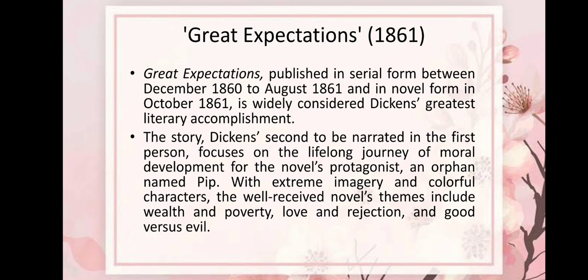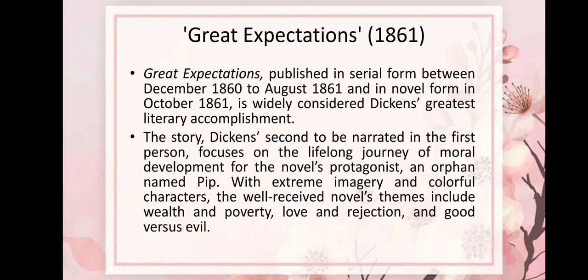Now, the next novel, Great Expectations, which is actually my personal favorite, was published in serial form from December 1860 to August 1861, and then in novel form in October 1861. It is widely considered his greatest literary accomplishment.